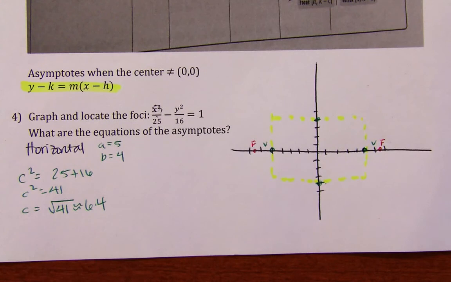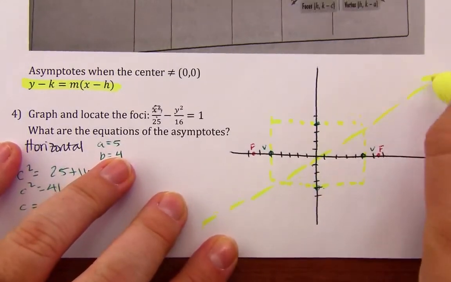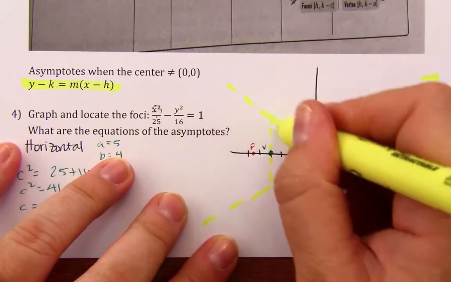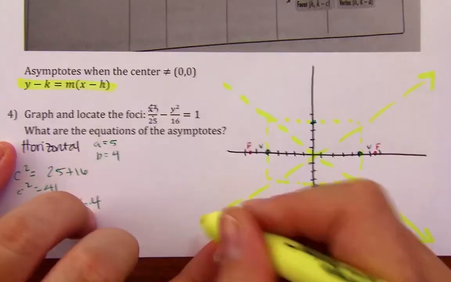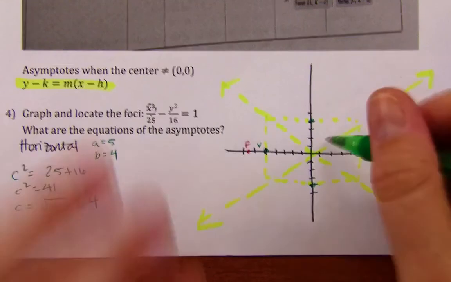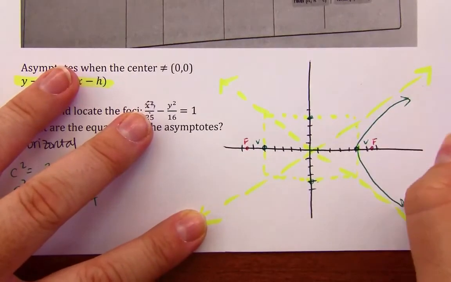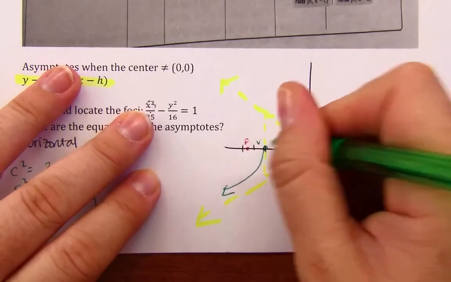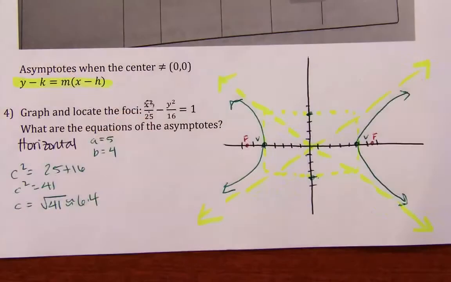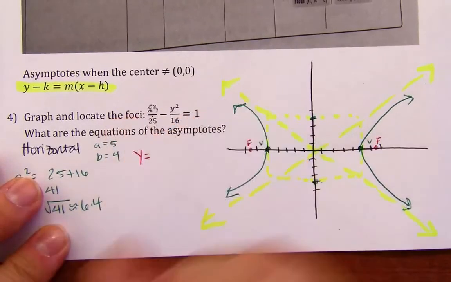And now we can go ahead and draw these asymptotes through the corners of the box. So that's one asymptote, and that's the other. And that tells us how steep this curve is going to be. So here's this side, and here's this side. And we can go ahead and write the equations of those asymptotes.